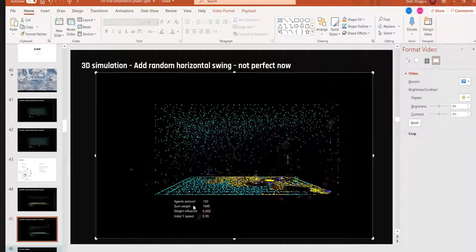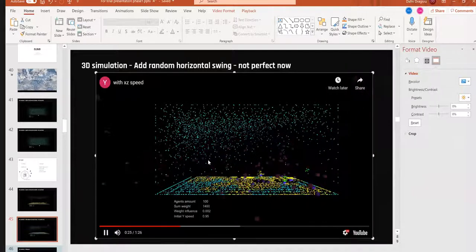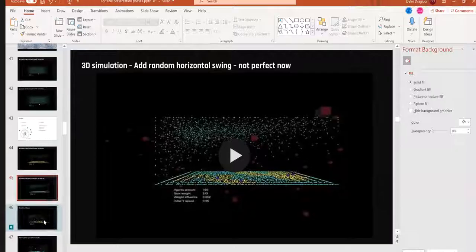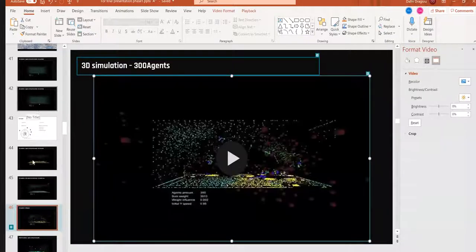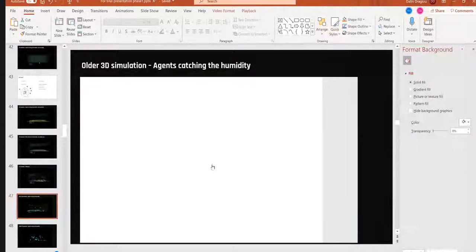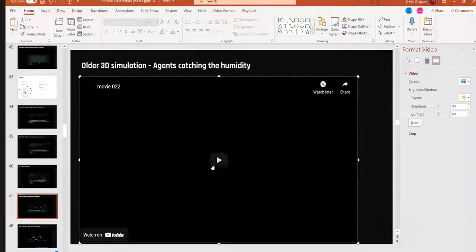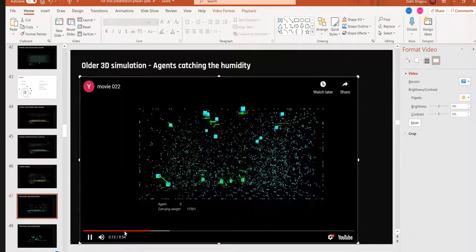I think it's difficult because it's very abstract. Like the vapor is something which we don't see. And it's also very intricate at the same time.